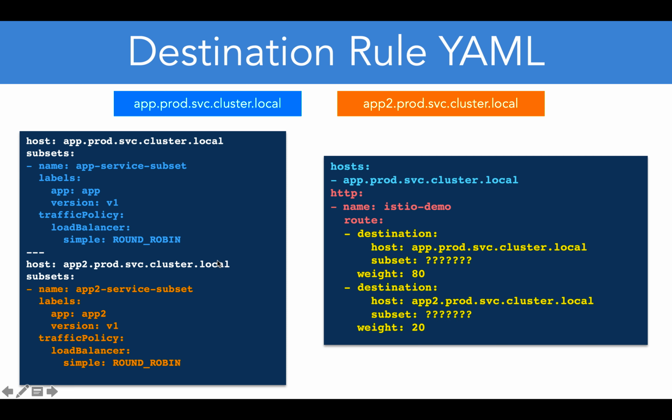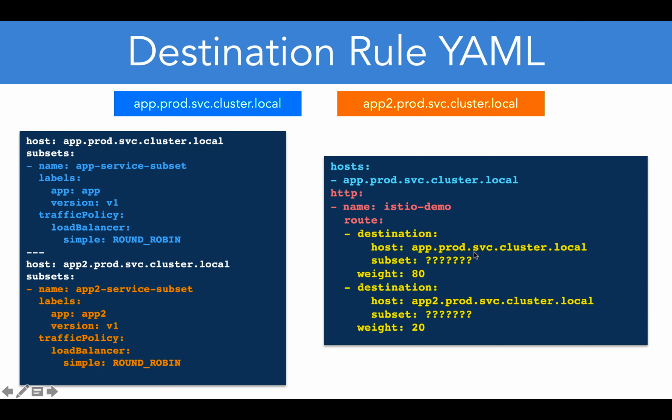So now how do you relate these two things? We have seen the virtual service YAML, and then we have also seen the destination rule YAML. Now how do you link these two things? In the previous slide, I did not mention anything in subset, so it was question marks. So this is where we relate this virtual service route to the particular destination rule.